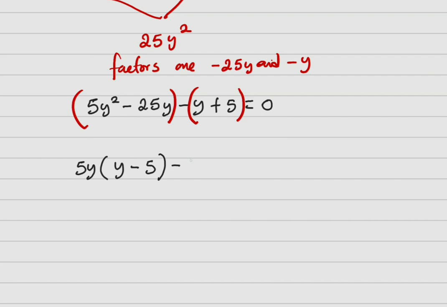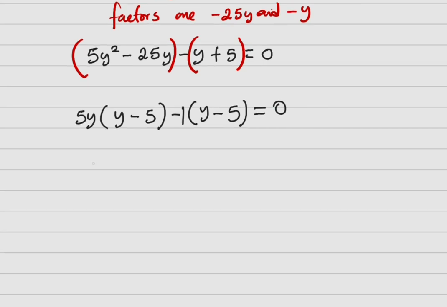Then minus, if nothing is common, we can leave it, or we can put 1 in front so that we will not be confused, okay? But in this case, this will be minus 5, so take note of that. Let me just put the 1 here, so it's equals to 0. So what we have here will be y minus 5, that is factorizing further.